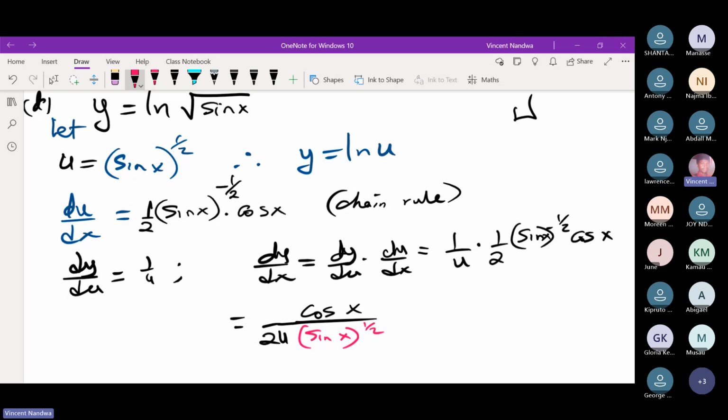This is what we'll have. So we'll have cosine x over 2, then u is sine x power a half. Cosine x, then times this other sine x power half. So what is sine x power half times another sine x power half?